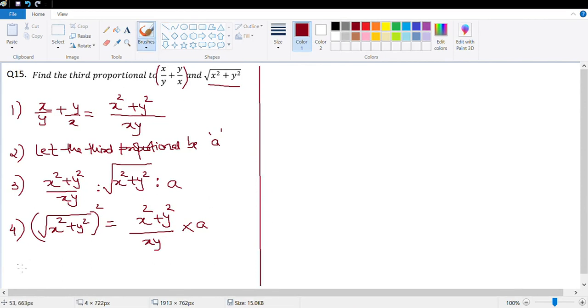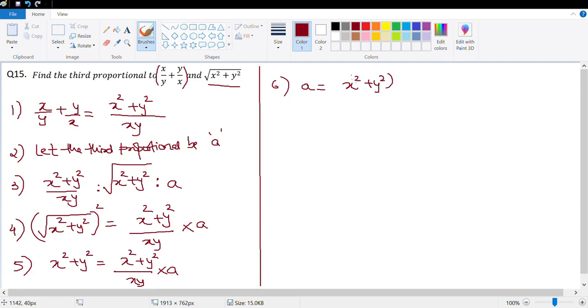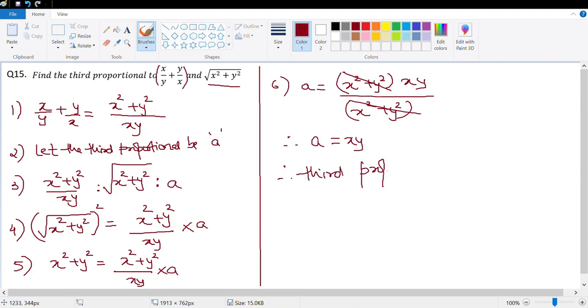When I square the second term, this becomes x square plus y square, and this is x square plus y square upon xy into a, which means the value of a is equal to x square plus y square multiplied with xy divided by x square plus y square. X square plus y square gets cancelled, therefore a is equal to xy. Therefore, third proportional is xy. That's our final answer.